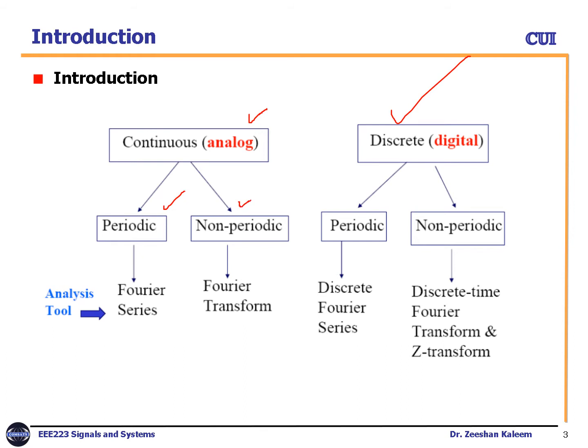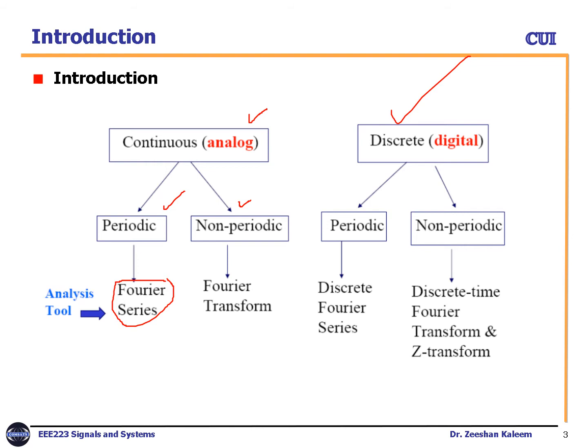To analyze the periodic signal, we use the Fourier series, which we already covered, because this is an analysis tool to convert any signal in terms of complex exponentials, usually e^(j omega naught t). We studied in detail in the previous chapter that to convert a periodic signal into complex exponentials, we use the Fourier series.